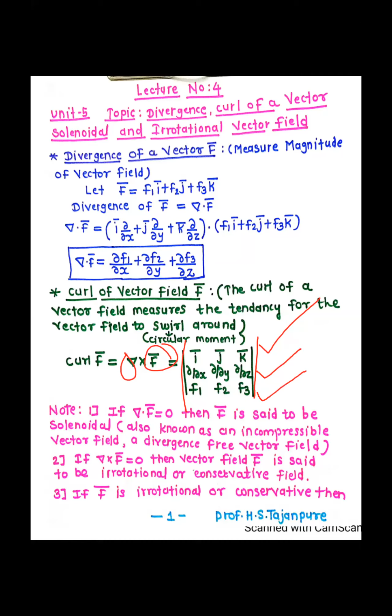After evaluating the determinant, you can find the curl of the vector f bar. So remember these two important points. When they ask you to find divergence, you will have to find del dot f bar, and when they ask you to find the curl, you will have to find del cross f bar.